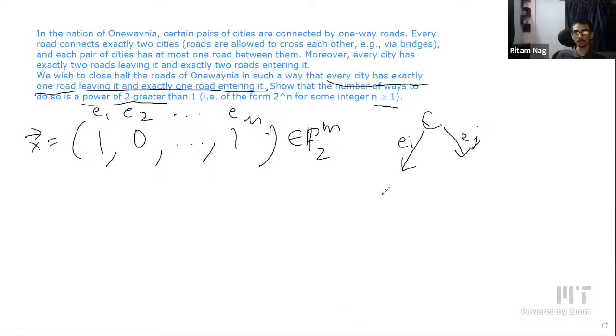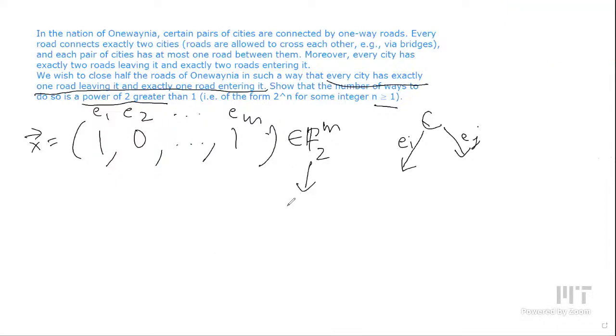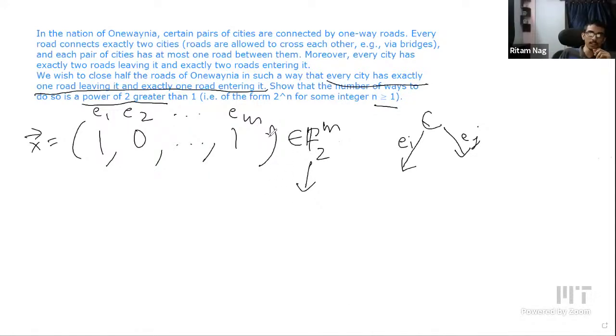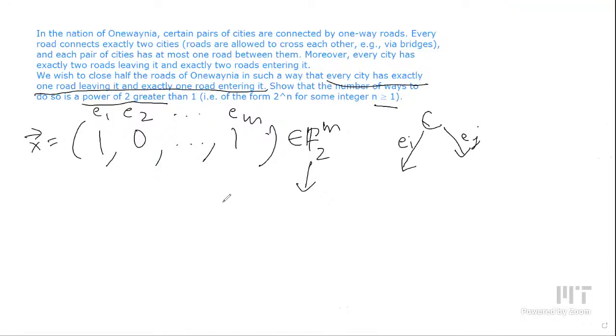I mean, I defined subspace earlier, right? A subspace is a subset of vectors from F2^M which is closed under addition and scaling. Scaling is non-existent here, so it's closed under addition.